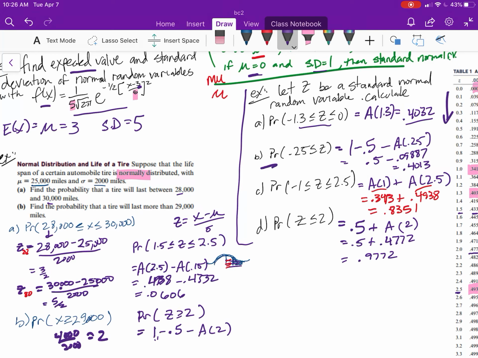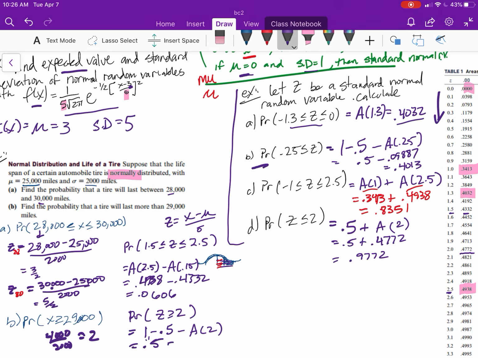That's similar to the example we did up there. So 0.5 minus 0.4772, and so you get 0.0228. Okay, if we wanted percents, we could change them, but usually with z-scores and probability, we leave it like that. So about a 2% chance those tires will last more than 29,000 miles.